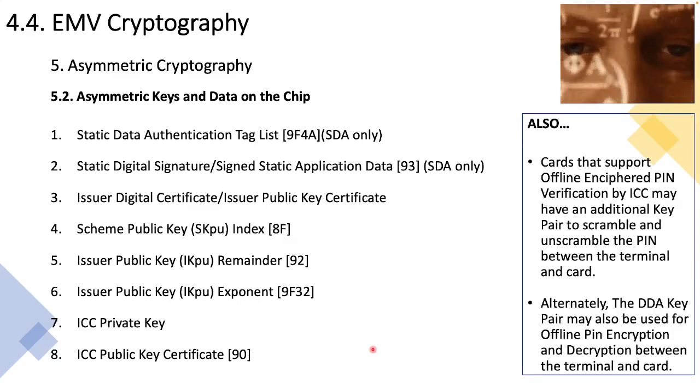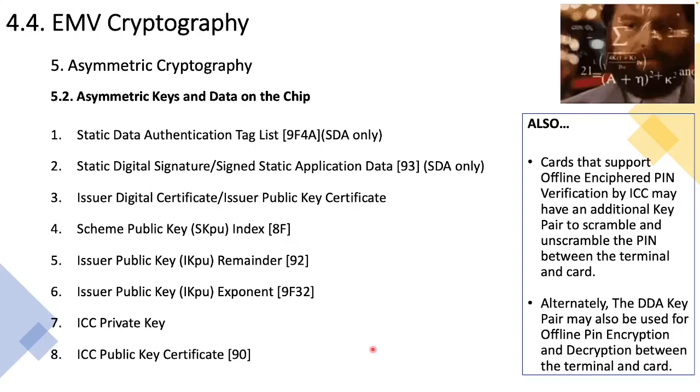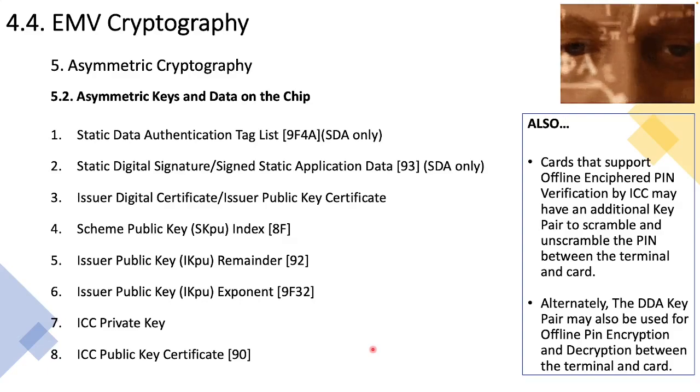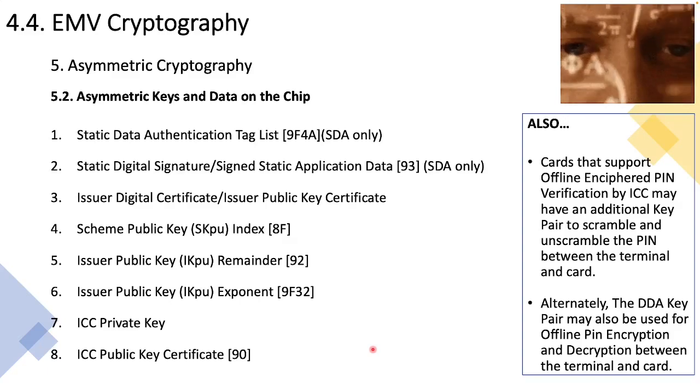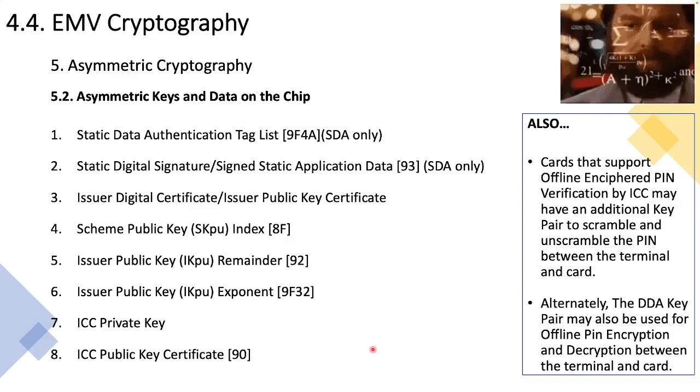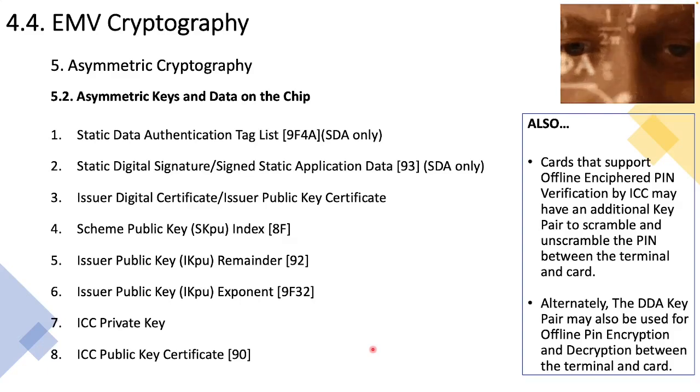Also, there are cards that support offline enciphered PIN verification by ICC. This is a CVM type where the PIN is encrypted by the terminal before it's passed on to the card. So if the card does support this, then some cards may have an additional key pair that is used to scramble and unscramble the PIN between the terminal and card.